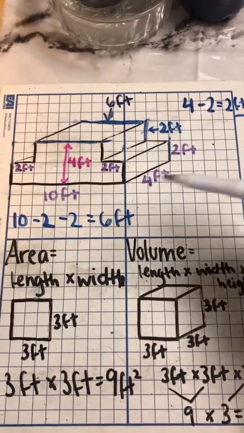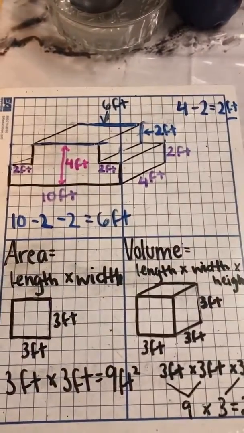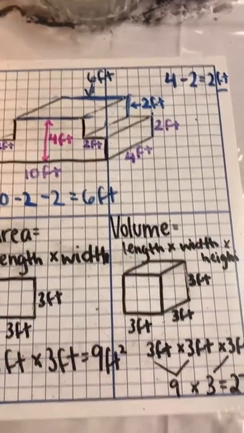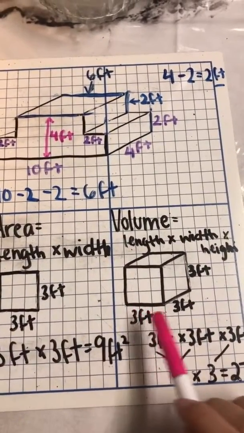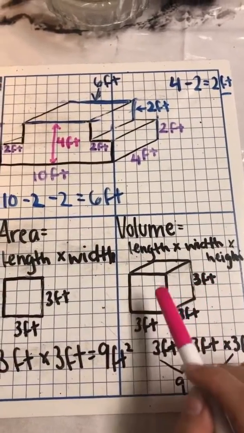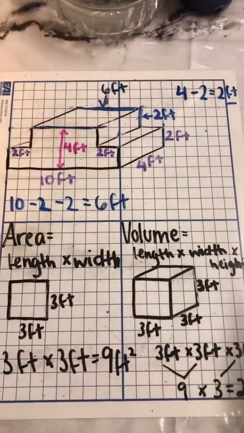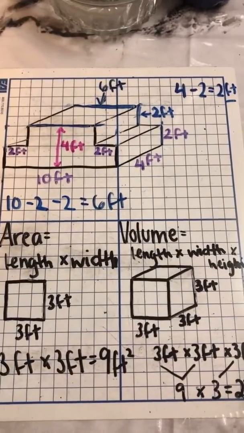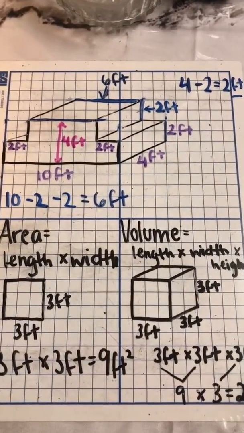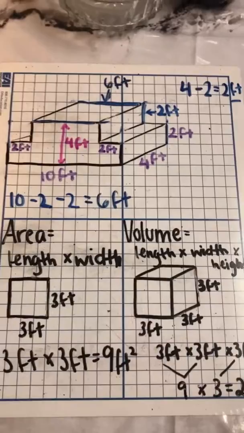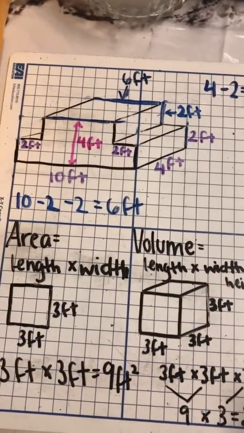Now, let's try to figure out the volume for the entire figure. It's not as simple as a cube, when we just did 3 times 3 times 3, because there were no cutouts like in this figure. So what we're going to do here is split up our figure. Let me grab another marker to help us out.